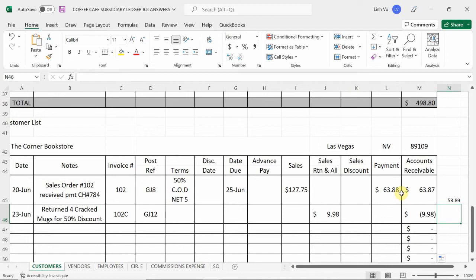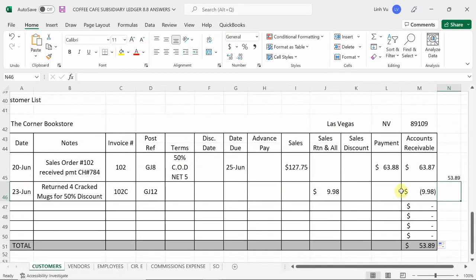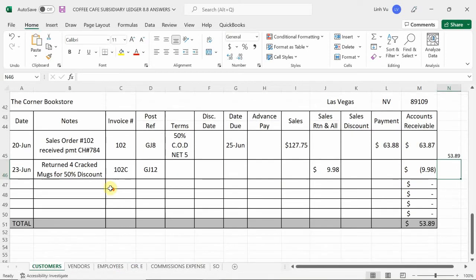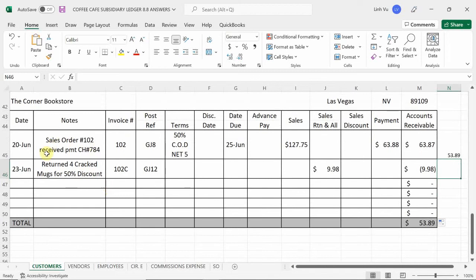But in this case, we have another invoice, we're gonna have another sale for him. He just ordered another one, 105, and this is just so that I can keep a separation between the invoices. Because if I put invoice number 105 here, it's going to add up the column here.